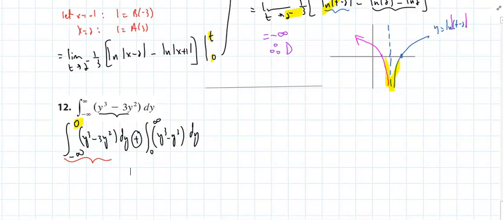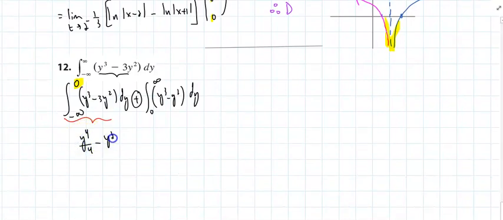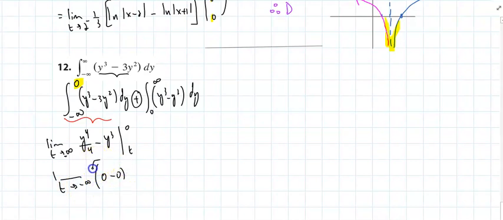So if I take that first one and I integrate, well, I'll notice this is y to the 4th over 4 minus y cubed evaluated from t to 0, taking the limit as t approaches negative infinity. That's the limit as t approaches negative infinity of 0 minus 0, we got that, minus t to the 4th over 4 minus t cubed.